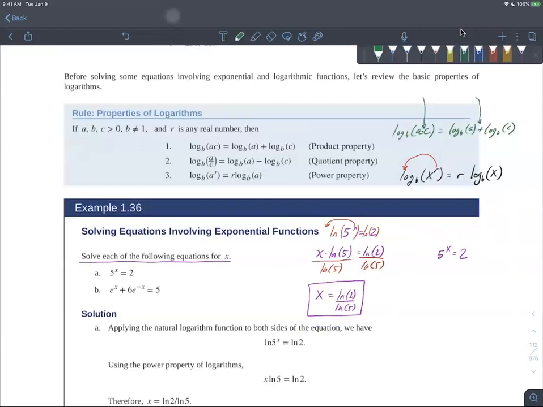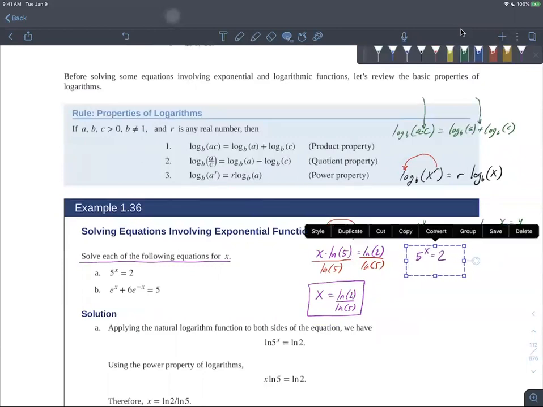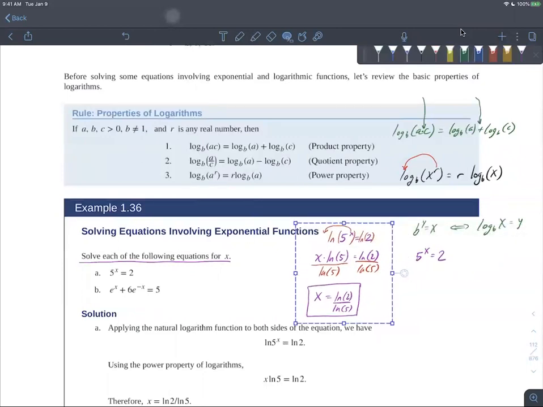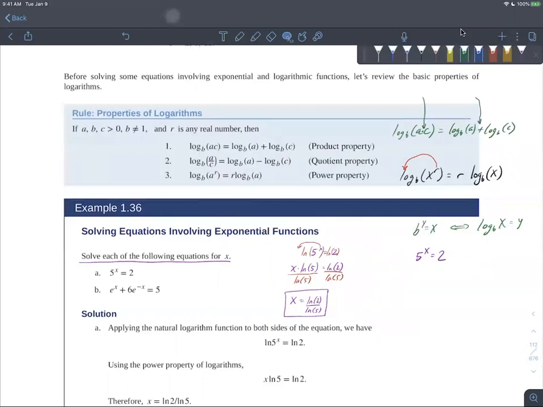That was that b to the y equals x is equivalent to log base b of x equals y. Now, do we have to use this? We're actually going to see later in this section that this is okay to use. So I'll use it. Why not? It's a good solution as well. It's actually quicker.